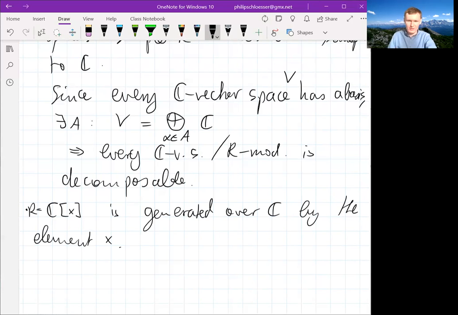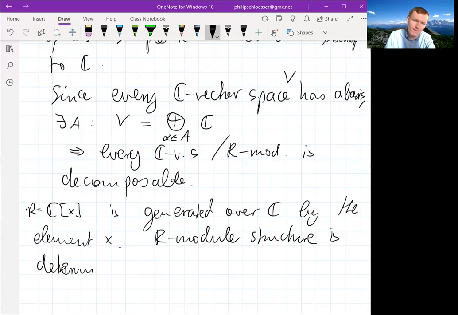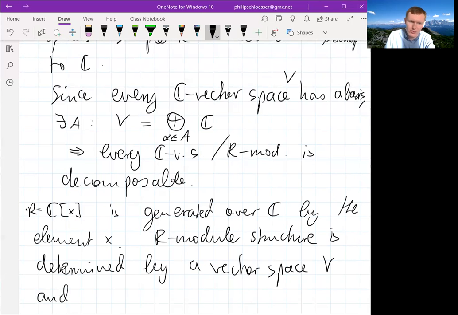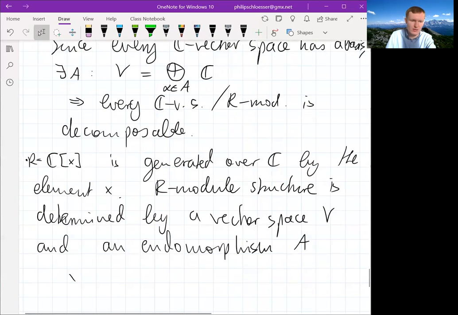And in particular, an R-module structure is determined by a vector space V and one endomorphism A, where we just say that x times v, for an element v in V, is the same as this endomorphism applied to v.